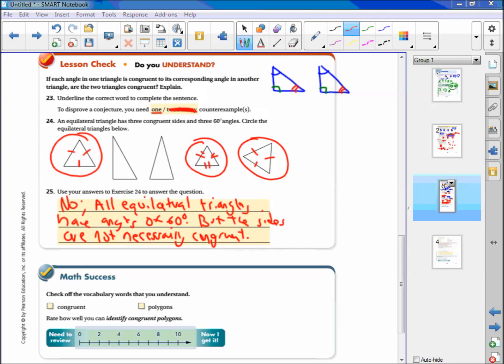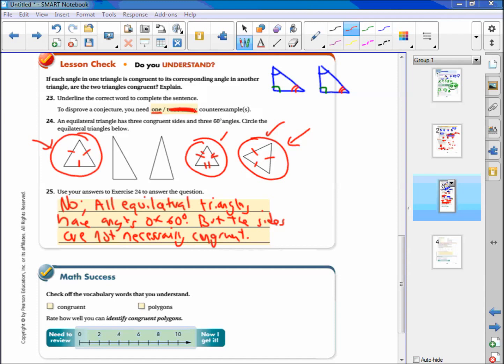Okay, so remember, to be congruent, two figures have to have all of the angles congruent, which works for equilateral triangles. All these angles are congruent, but also must have all the sides congruent. And that's why I marked this one and this one with little 1 marks, because those are congruent, but that one in the middle I put 2 marks on because the sides are different lengths.